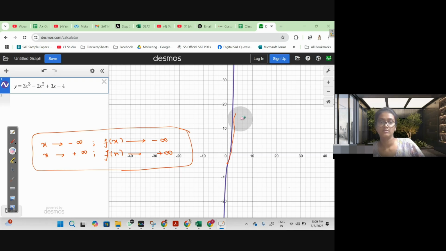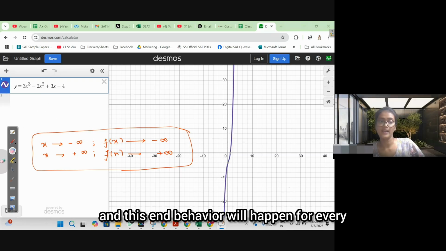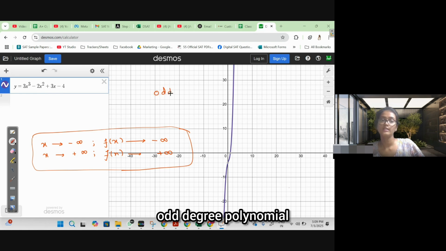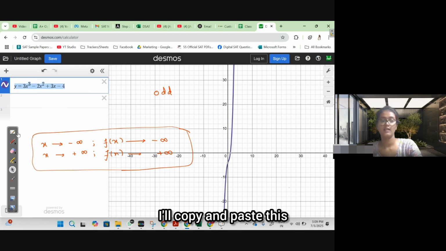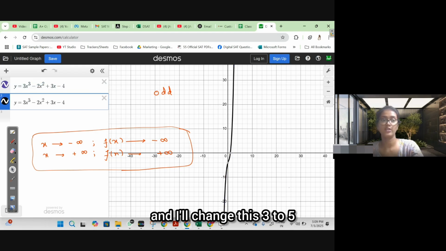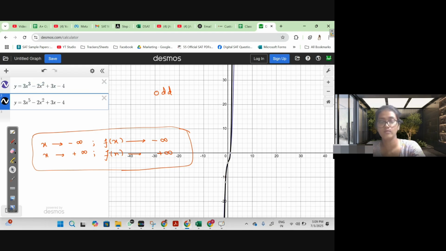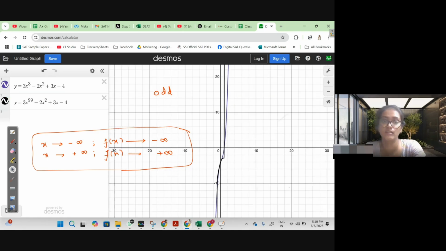Yes. And this end behavior will happen for every odd degree polynomial. That means if you take a 5 degree, 7 degree, 9 degree, 11 degree, I'll copy and paste this and change this 3 to 5. Not much of a difference. See, 99.